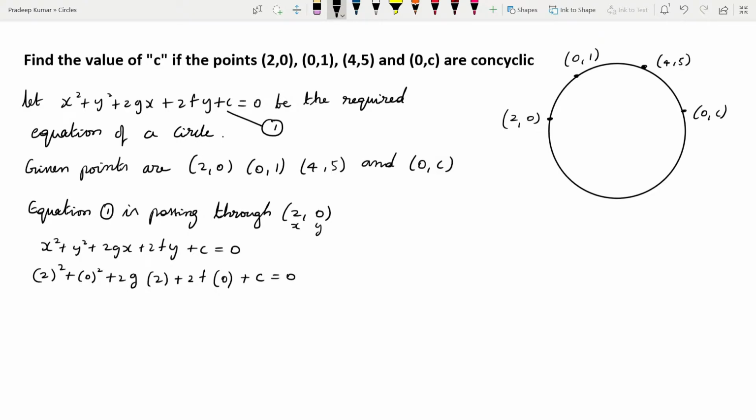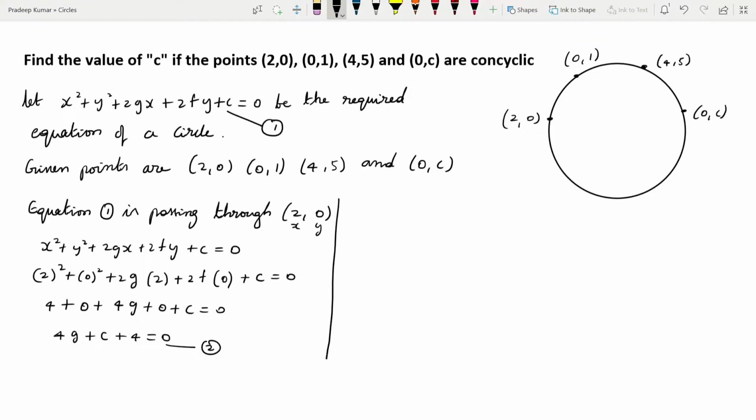The equation obtained is 2 squared, that is 4, plus 0 squared is 0, plus 2 into 2 into g, that is 4g. 2f into 0 is just 0, so we remain with c. Writing this in sequence, 4g plus c plus 4 equal to 0. Let's say this is equation 2.